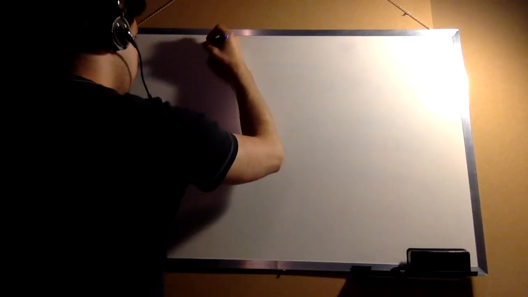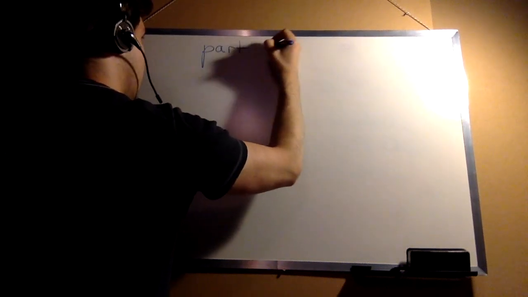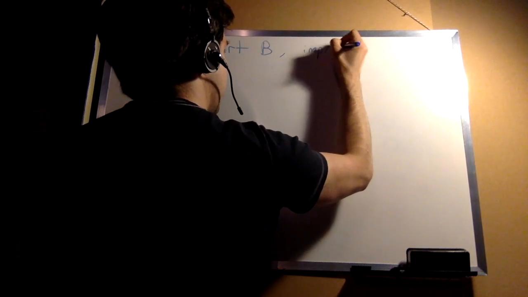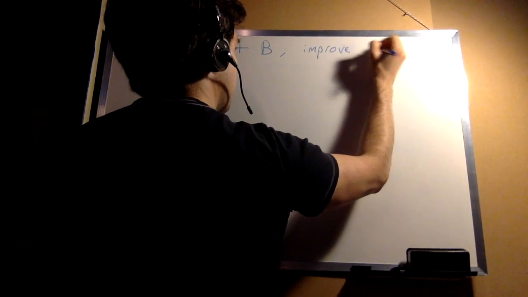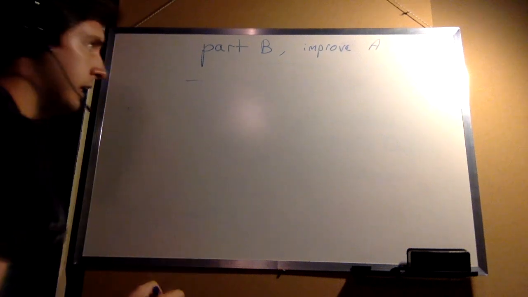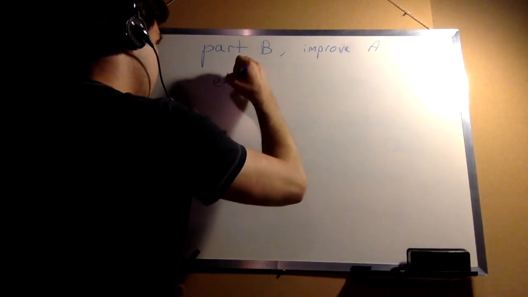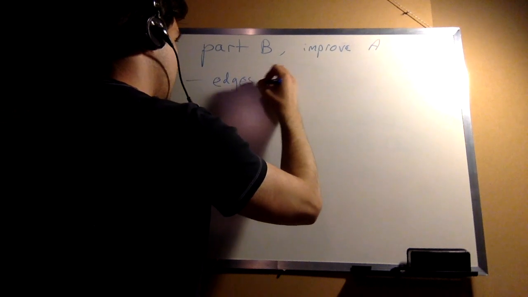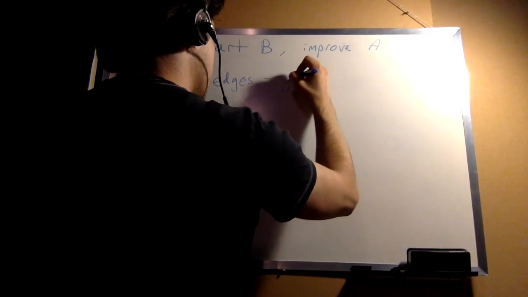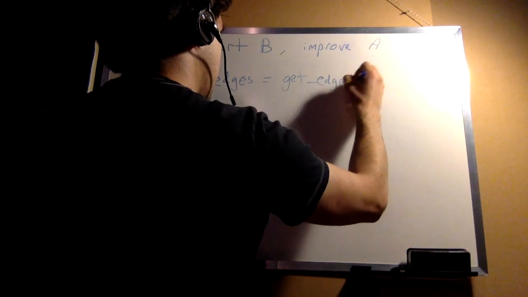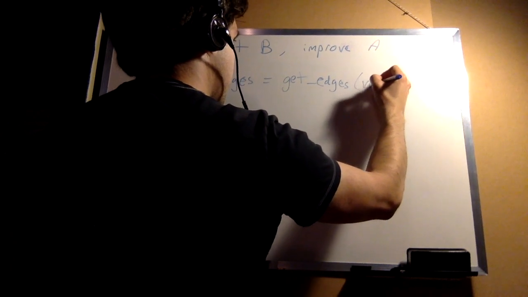part B, improve A. Okay, so we get our edges from the vertices.